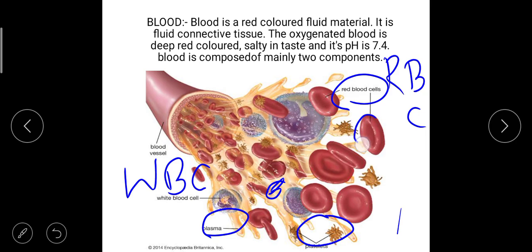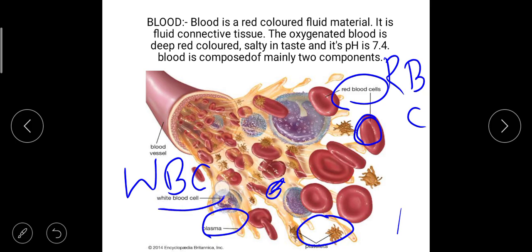These cells appear red in color because they contain hemoglobin. Oxygen dissolves in the blood due to the presence of hemoglobin. RBCs are produced in the red bone marrow and live for about 100 to 127 days.